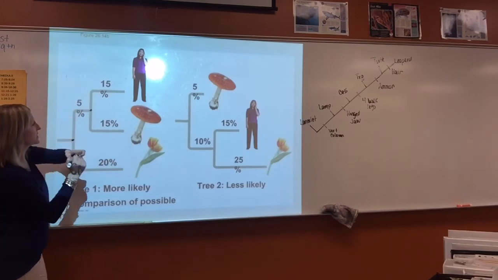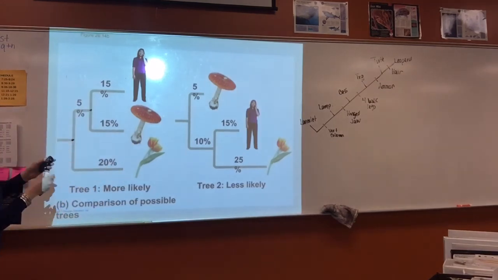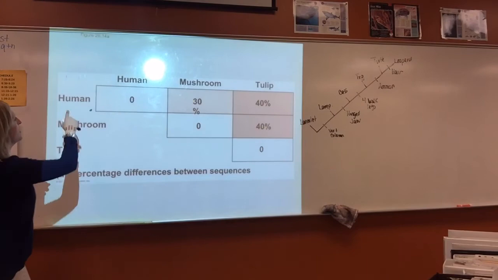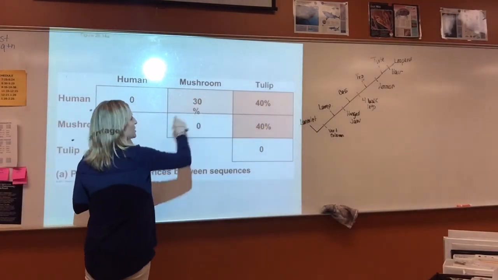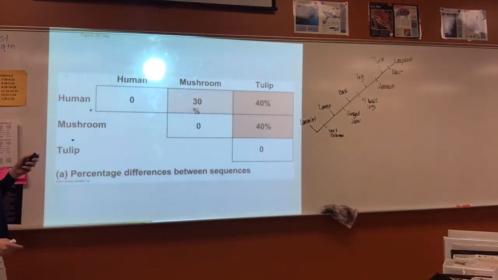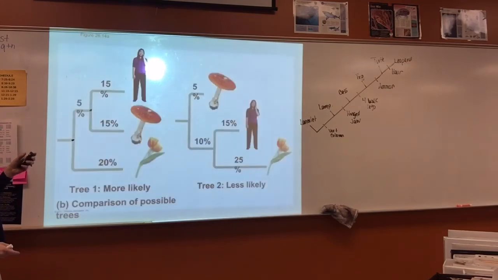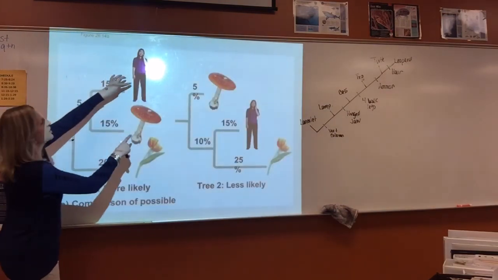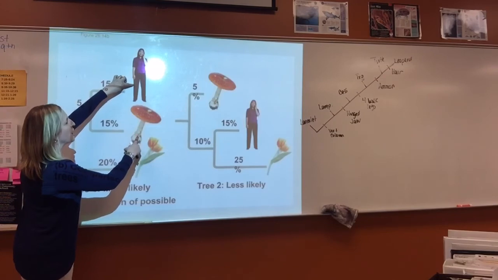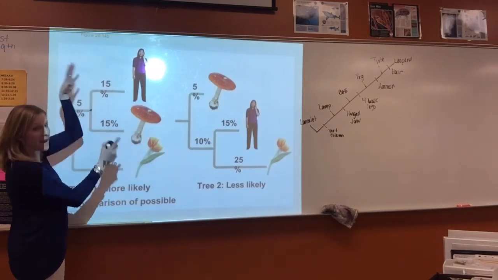Now, how did they do this? Remember, between a human and a mushroom, there was a 30% change. So let's look at why this makes sense in the diagram. Between a human and a mushroom, there's a 30% change. How does this match that?